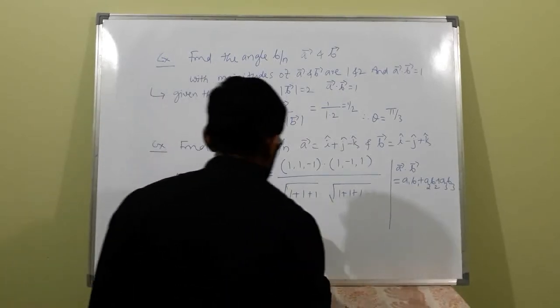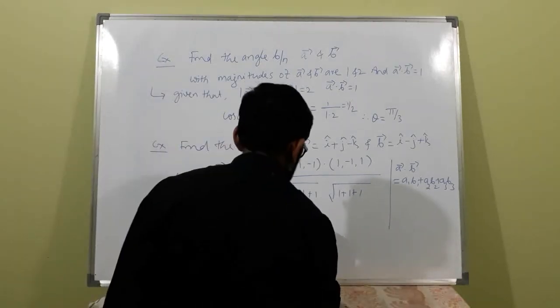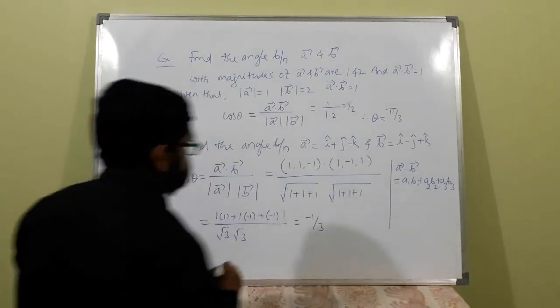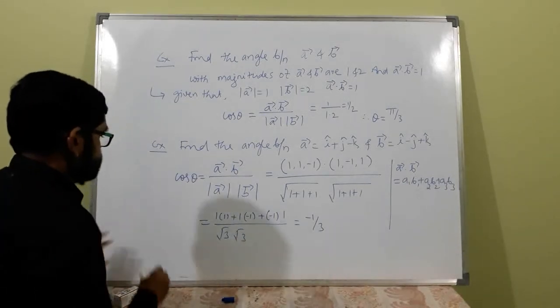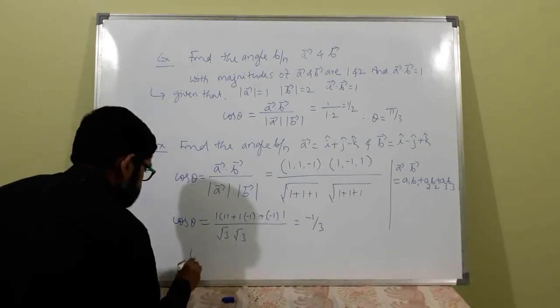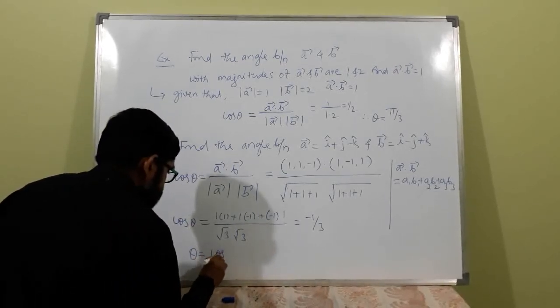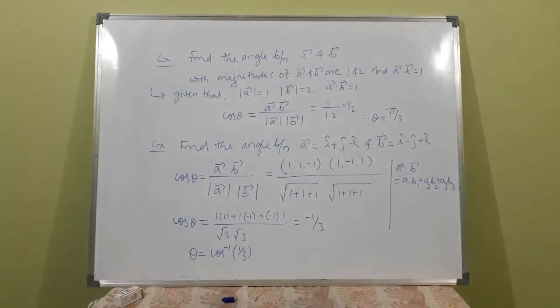That is 1 minus 1 minus 1, that is minus 1, by root 3 into root 3 is 3. So cos theta is 1 by root 3. So theta is equal to how much? Cos inverse of 1 by root 3. Okay.